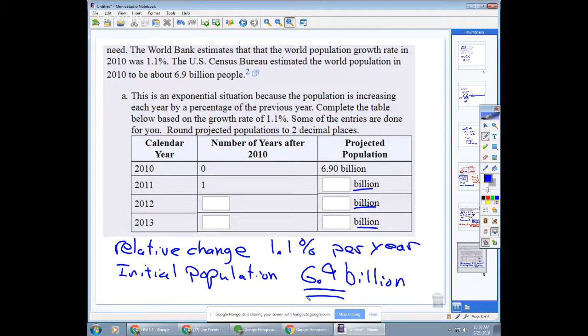Other thing that's important here is, in our formula, we're going to use a variable that's the years after 2010. Otherwise, we have to type big numbers like 2012 into our formula, which gets a little messy. So we just need to know the number of years that have gone by since we had 6.9 billion people.